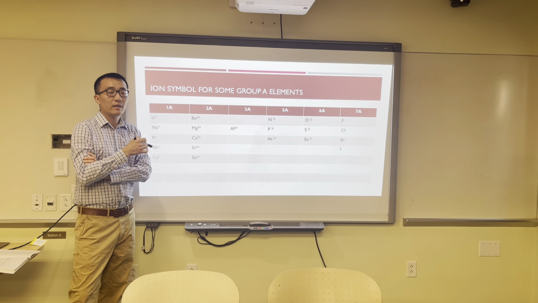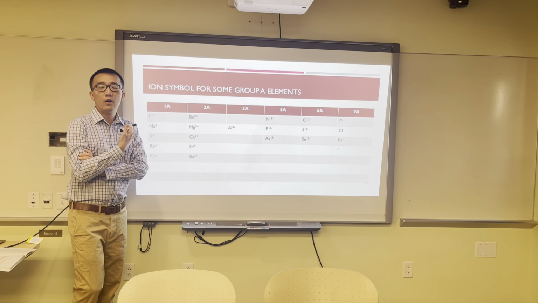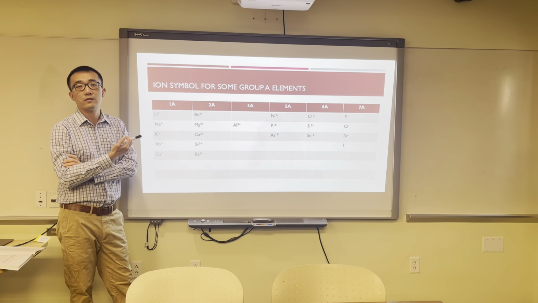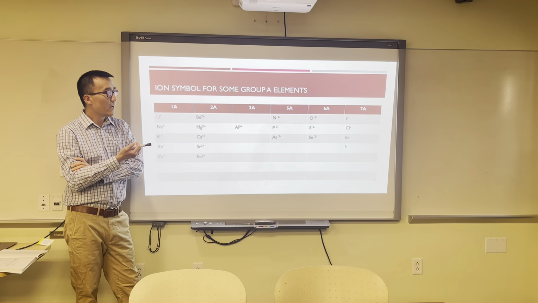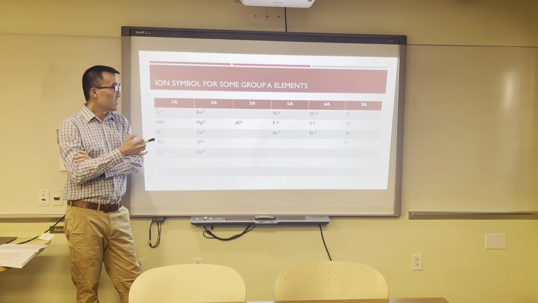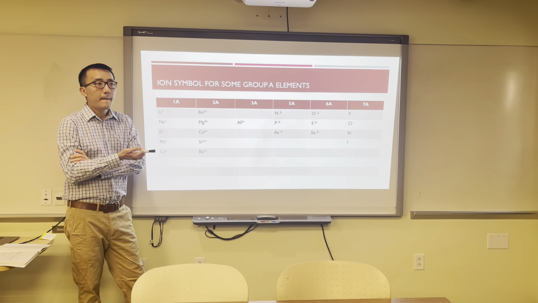Because we label it as 3 minus, 2 minus, and 1 minus. There are 2 significances here. The first one shows you these are anions because it's the negative charge carrier. And the second is that this number shows us the number of electrons gained, which turns the atom from neutral to negative.